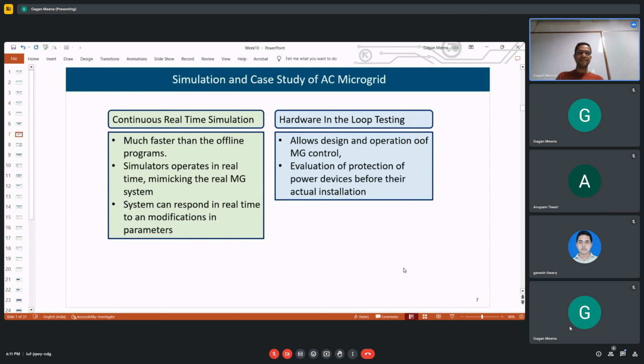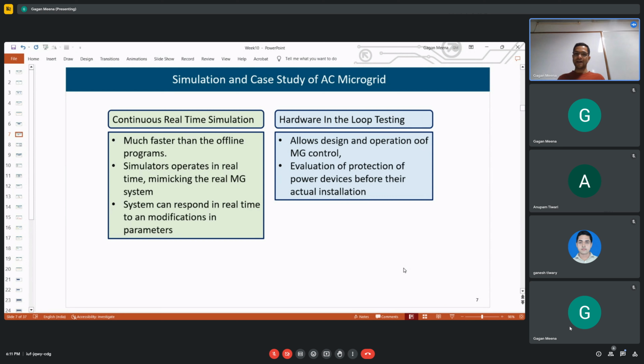We can do anything in simulation and see how much time the system takes to restore the supply if a fault is there, and how much time it takes to restore the voltage to its nominal value. So when we install the actual system, it should be robust to all kinds of contingencies and adversities.